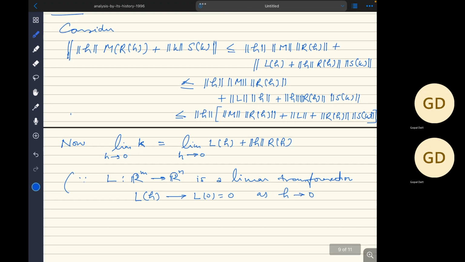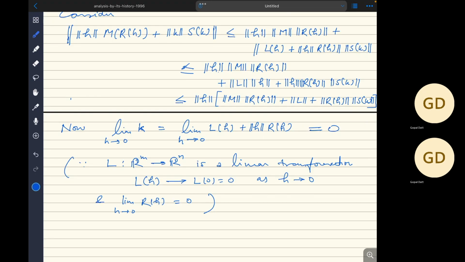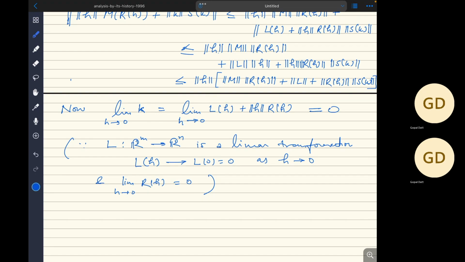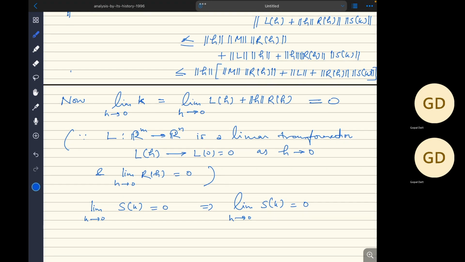And we already know as h goes to 0, R(h) is 0. So this means this is 0. Correct? Okay, and we know as k goes to 0, S(k) is 0. This implies that as h goes to 0, S(k) is 0.